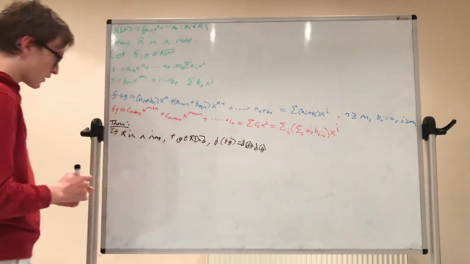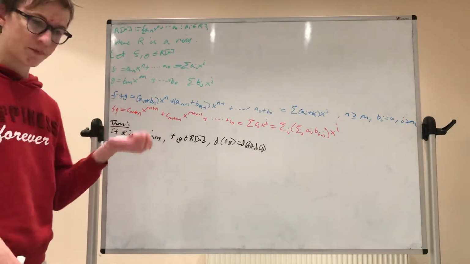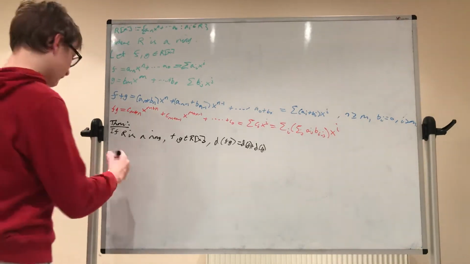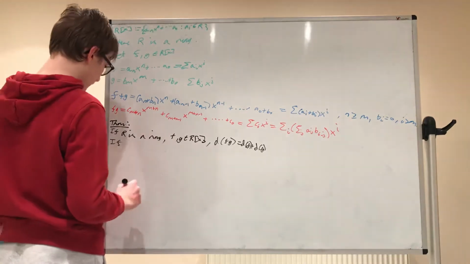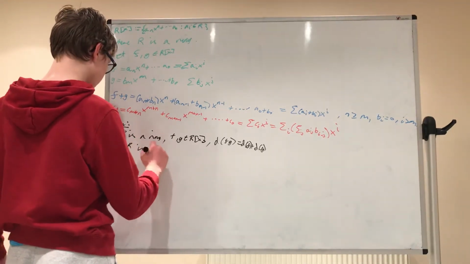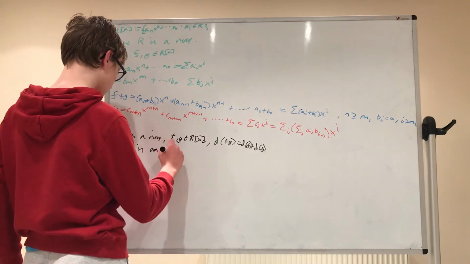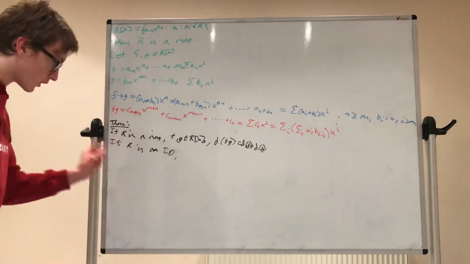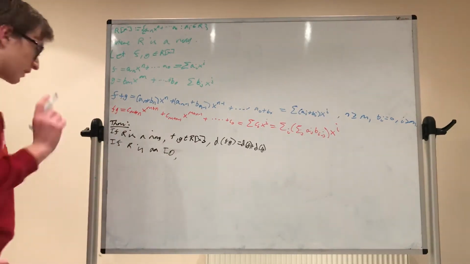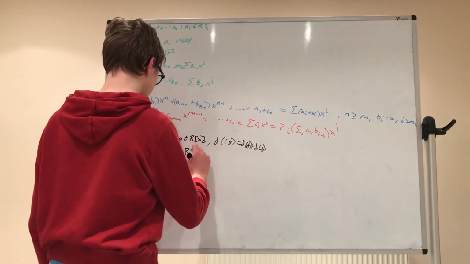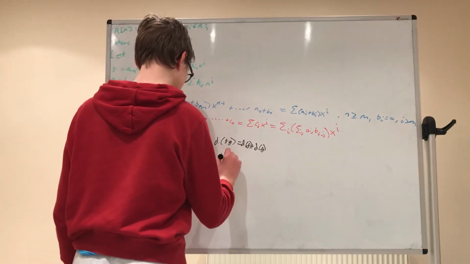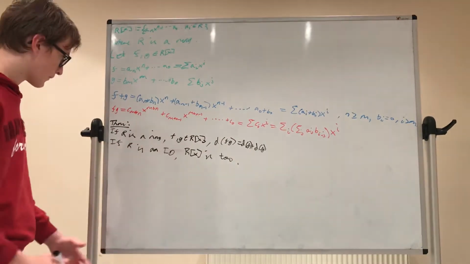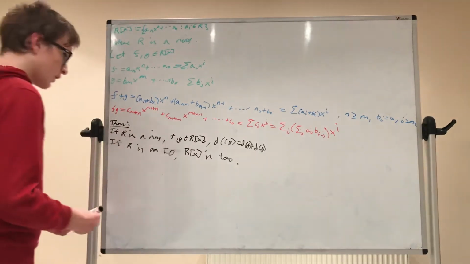Now this one's quite easy, but the further fact we can show is, if R is an integral domain, I'll just write ID for short, if R is an integral domain, then R[x] is too. Now this one is the more interesting one, so let's prove this.